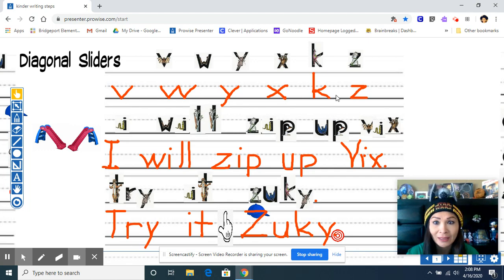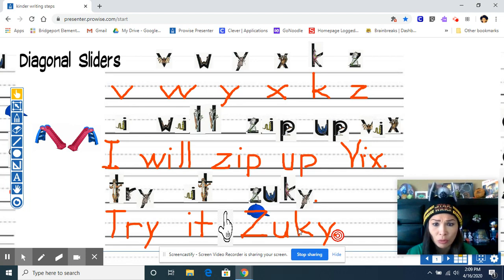Okay, so practice this at home. You should be doing the warm-up, writing the sentences using spaces between the words and a period at the end, checking to make sure that you have a capital in the beginning and in a name. Let's read it again. I will zip up Vicks, period.